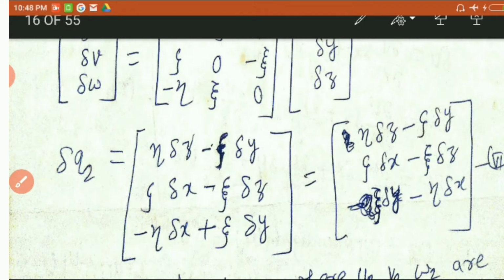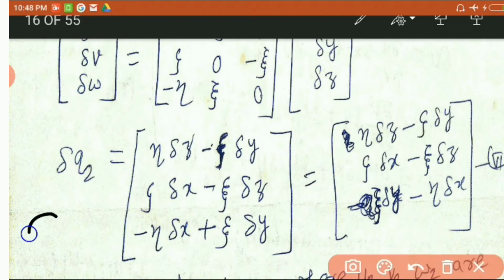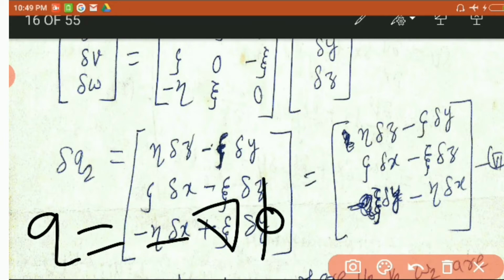Here zeta is the vorticity vector, and thus the vortex line through the fluid element is its instant axis of rotation, and this analysis justifies the terminology irrotational for those flows for which curl q is equal to 0, leading to q is equal to minus del phi. Now this article is finished here.